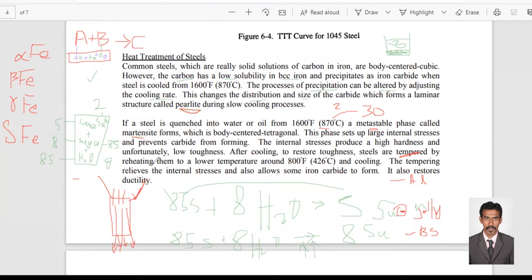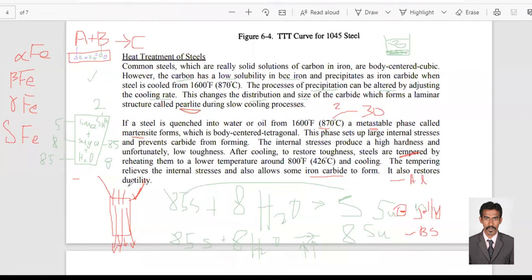Reheating to a lower temperature, the tempering relieves the internal stresses and regularizes the atoms inside, and also allows some iron carbide to form. If space is available, iron and carbon can combine to form iron carbide. It also restores ductility.